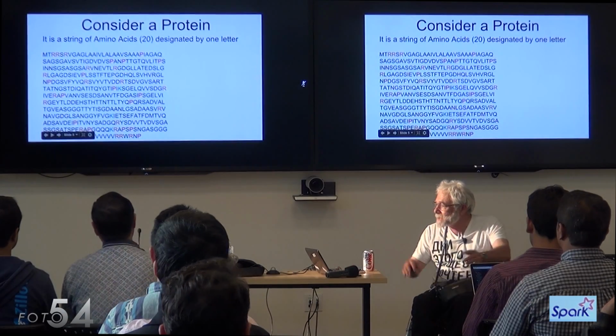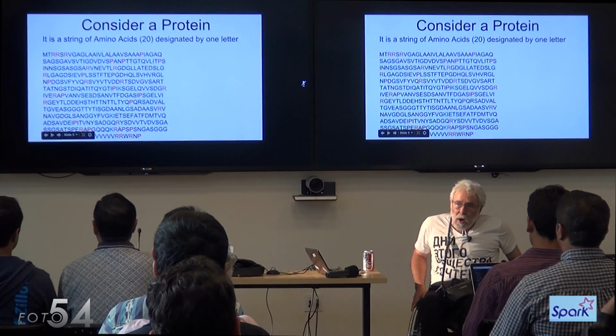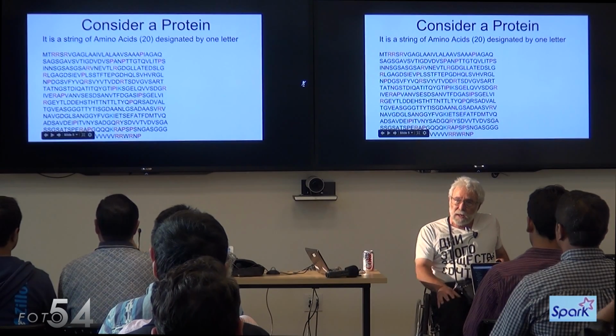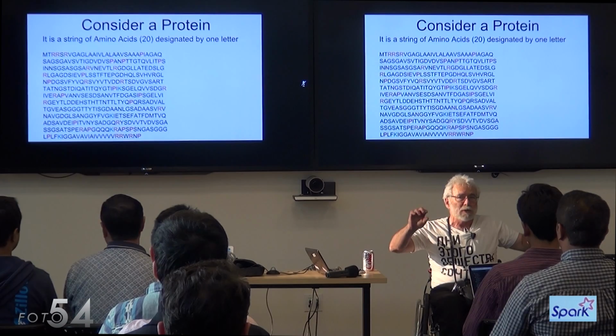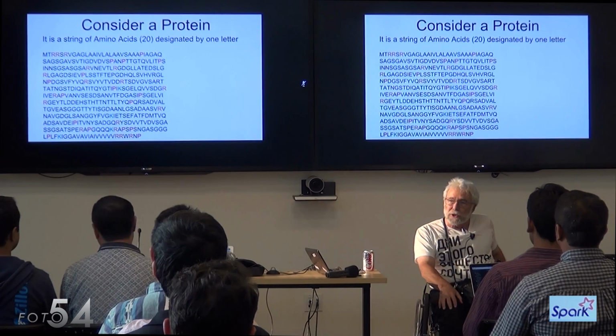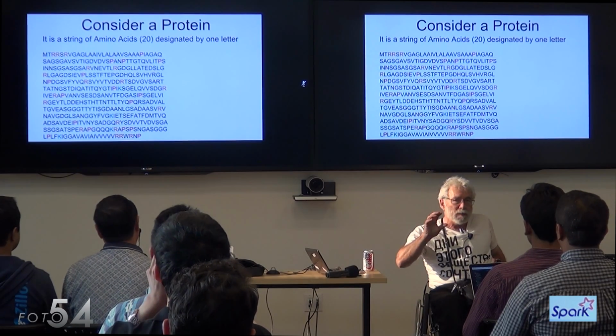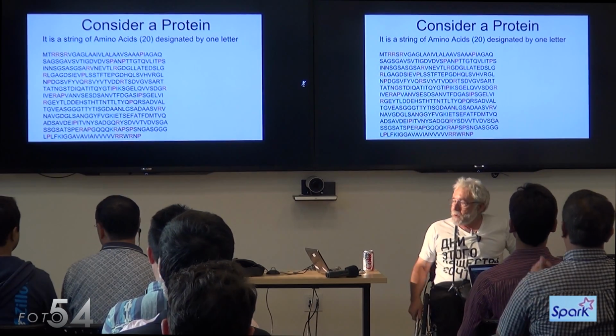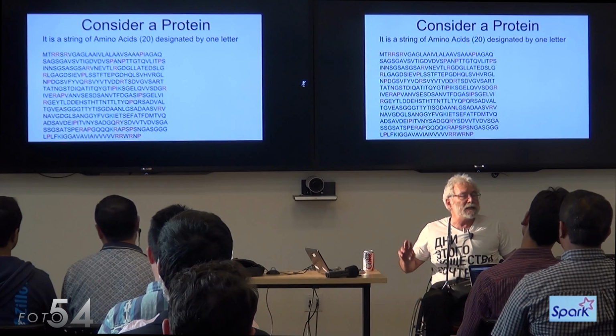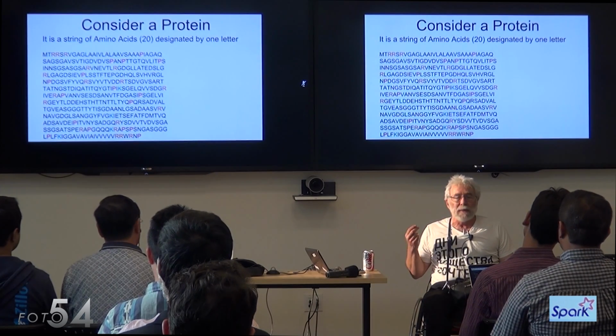So let's think about the problem. You realize in biology that we start with DNA, which encodes information. And the information that DNA encodes is the structure of proteins. Now, a protein is a string of amino acids.